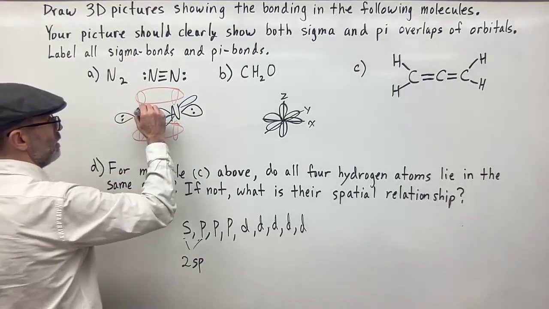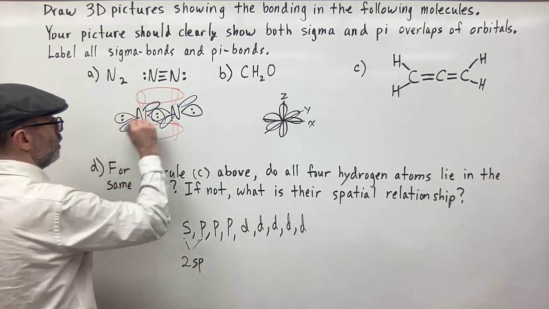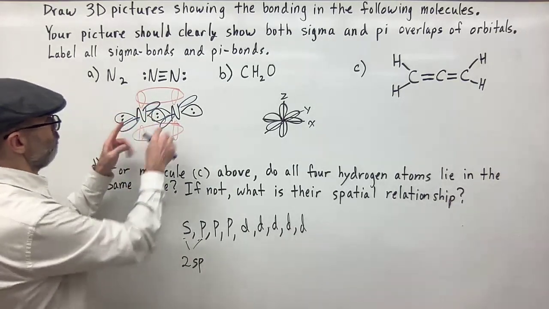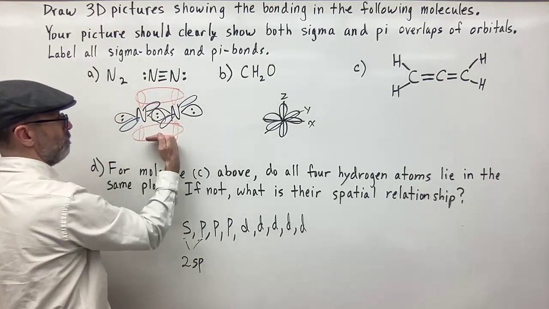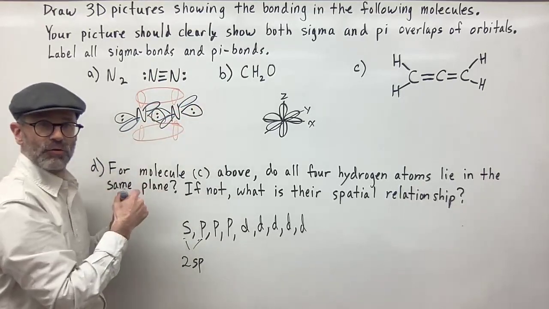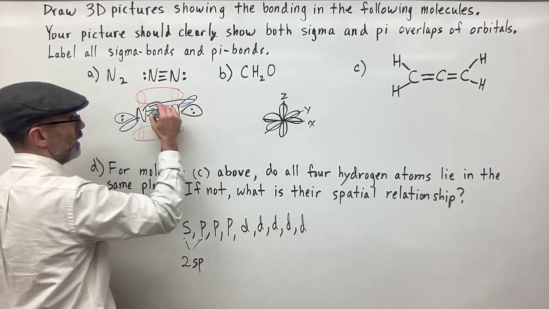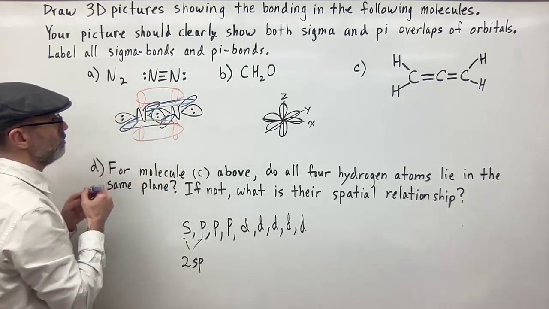And so again, this nitrogen is also going to have perpendicular unhybridized p orbitals. If you can kind of imagine that the orange is on the top and bottom, the blue is on the left and the right. So if these are going to overlap, they're going to overlap like this, and this is going to overlap on this side.